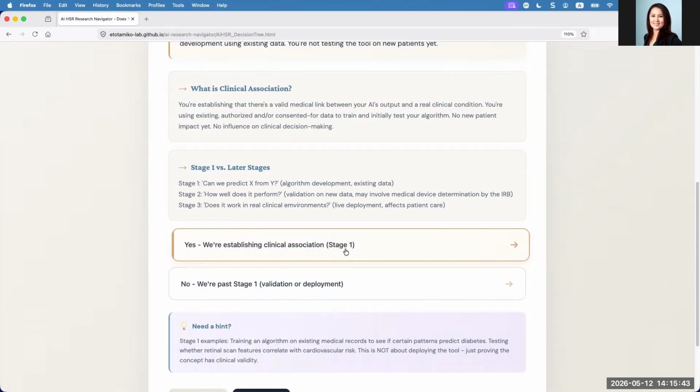But we're also validating performance on data, so we're actually moving more into stage 2, and we're not just in stage 1. So I'm going to select no here because we are actually beyond stage 1 discovery. We may not be in deployment yet, but we're beyond stage 1.